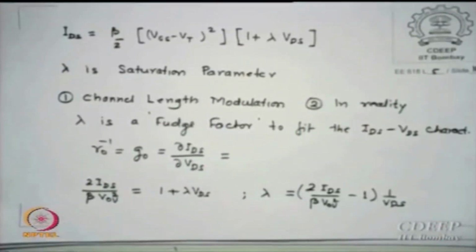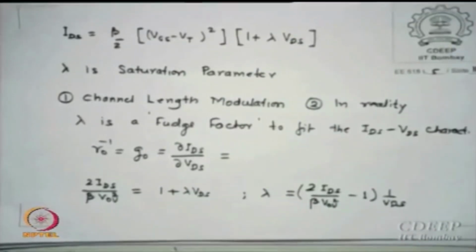You must take from me now the so-called channel length and mobility modulation we do. In reality lambda is a fudge factor. What does fudge factor mean? It is a fitting function which fits the curve. Why do I want an expression for R0? I know it may vary, so I figured out how it will vary.